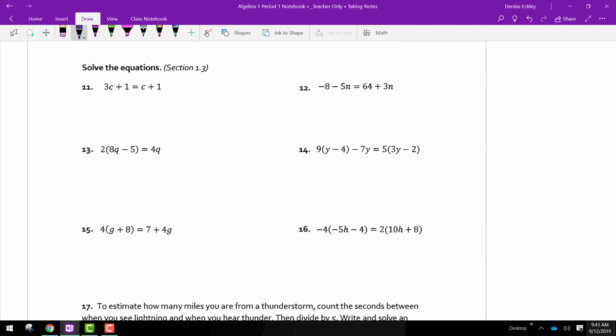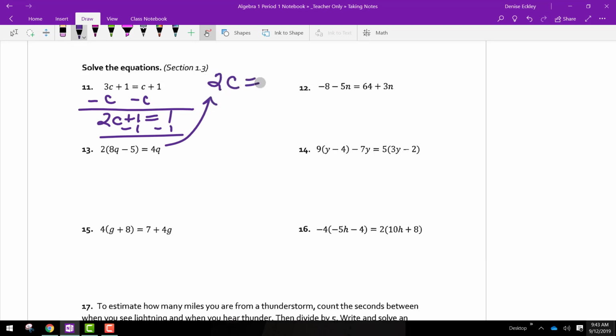Number 11, what we see is that we have variables on both sides, so I'm going to start by moving the c that's by itself to the other side with the 3c by subtracting it. So then I have 2c plus 1 equals 1. And now I'm going to subtract the constant from both sides, the 1, and what I get is 2c equals 0.